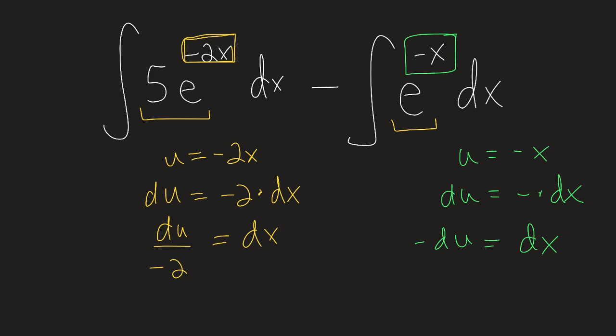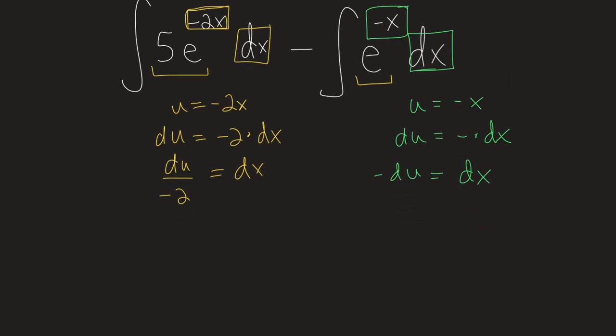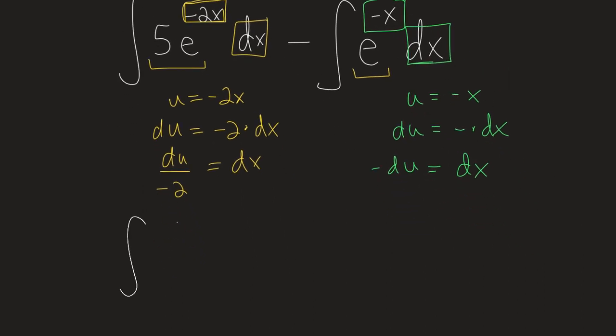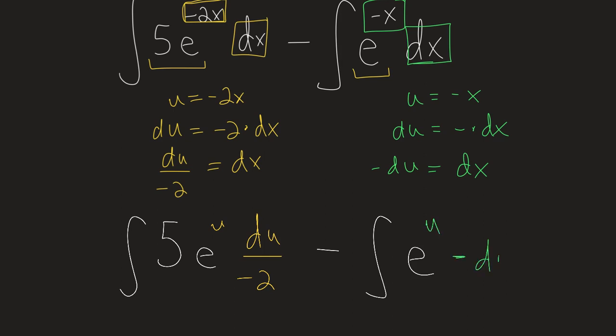We still employ those same steps in solving for dx so that we can replace dx here and replace dx over there and just have 2 equations with u in them. So that means I'm going to have the integral of 5e to the u power times du over negative 2, minus the integral of e to the u negative du. So remember, this is a negative du.